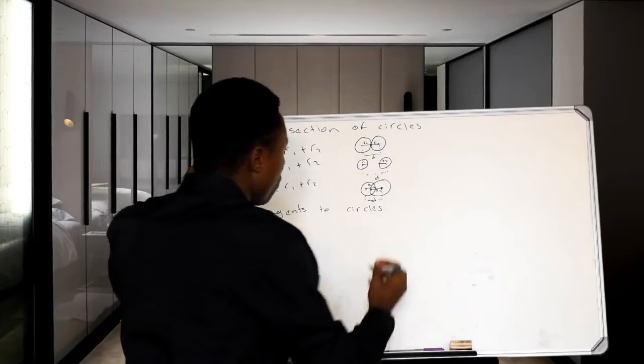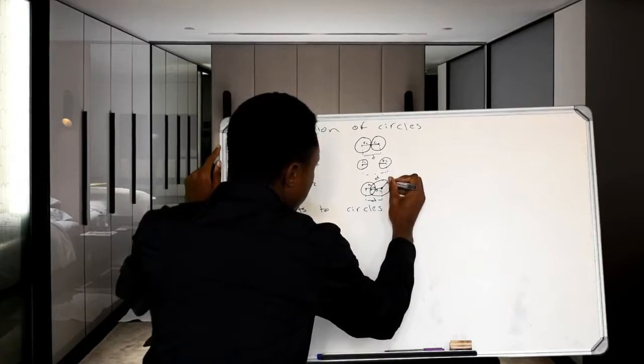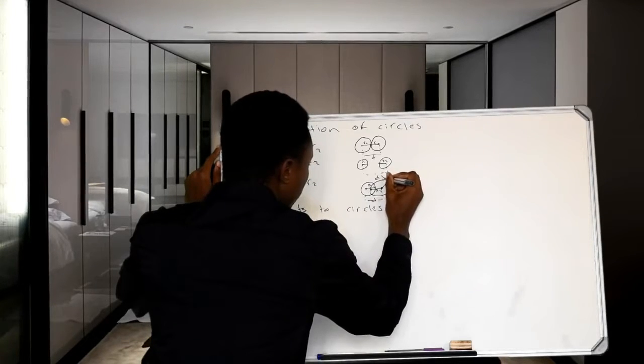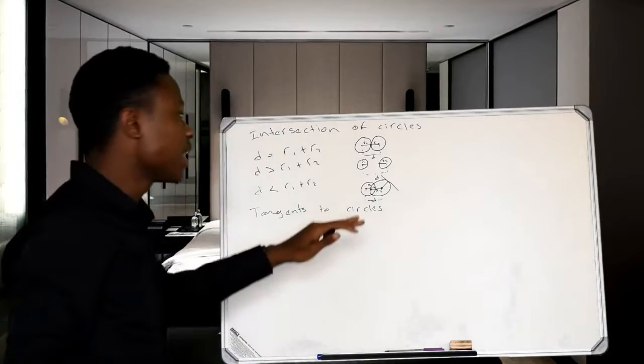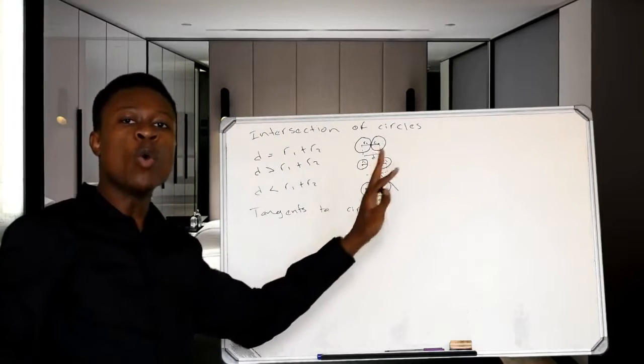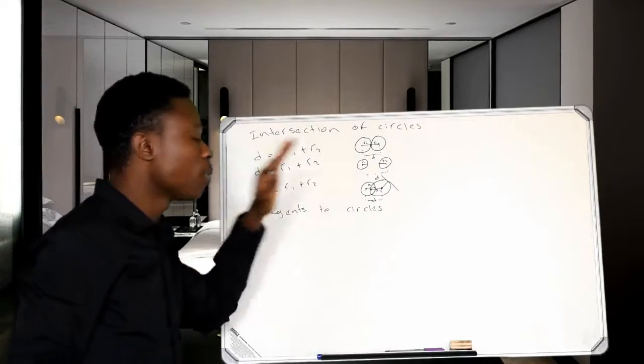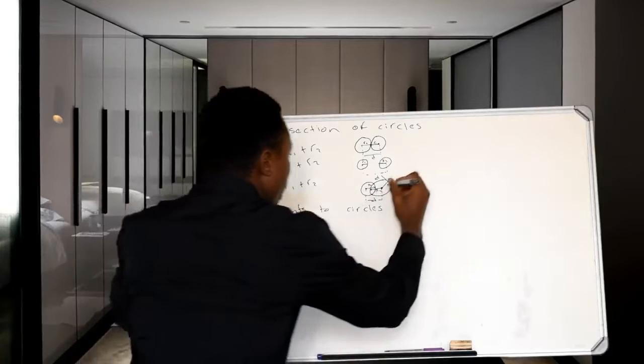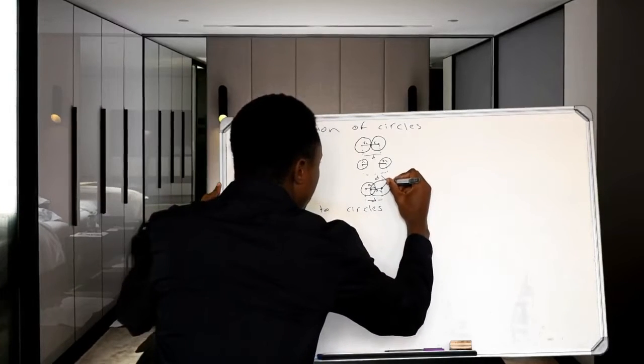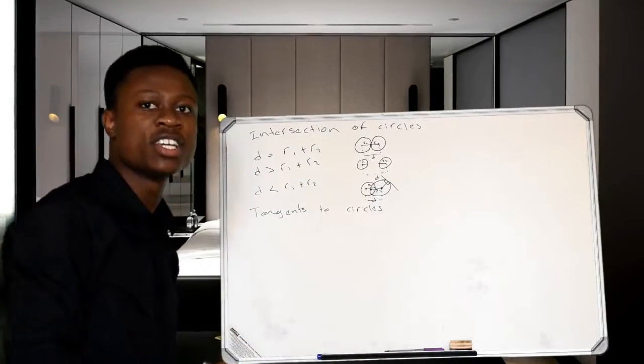So let me say, for example, here, this is my radius going here, and that is my tangent. My tangent will always be perpendicular to my radius. This angle here will always be 90 degrees.